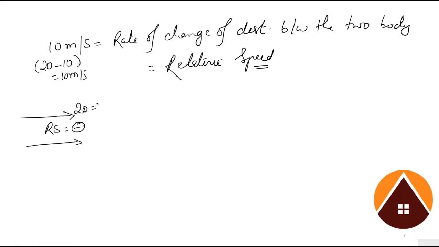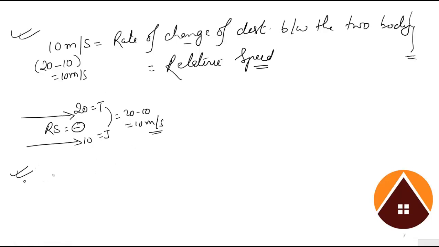So Tom was going at 20, Jerry was going at 10, so relative speed will come out to be 20 minus 10, that is 10 meter per second, and this is also called the rate of change of distance between the two bodies. This is one definition which many of the students do not understand. Let me take one more example to illustrate this definition.